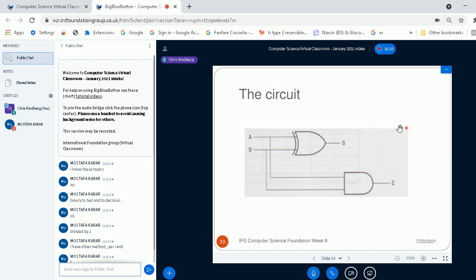The other thing I'm inviting you to look at is that, you probably already know, this is the symbol for an exclusive OR gate. This is the symbol for an AND gate. It's a physical item, and this is a physical item. I can actually hold one of these in my hand.